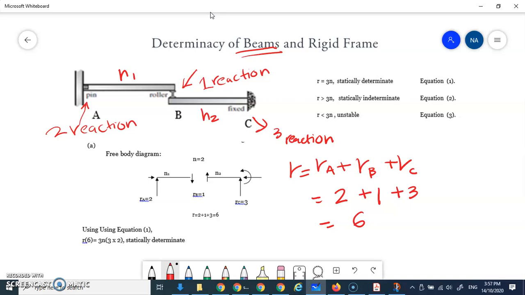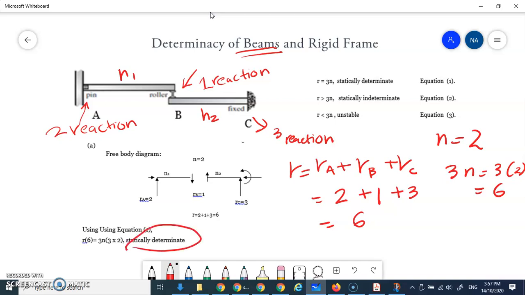So n here we will have n equal to 2. So 3n is equal to 3 times 2, 6. So R is equal with 3n. So R is equal with 3n. So this will become statically indeterminate.